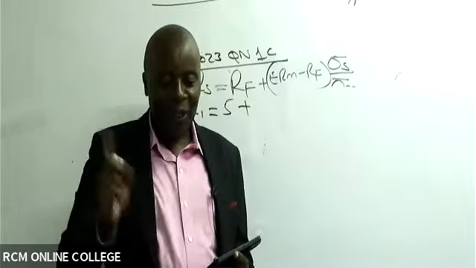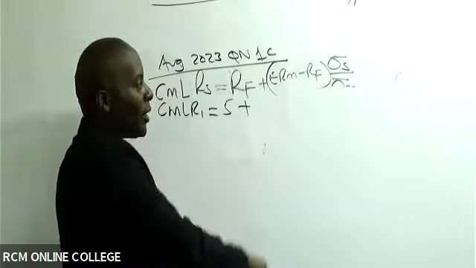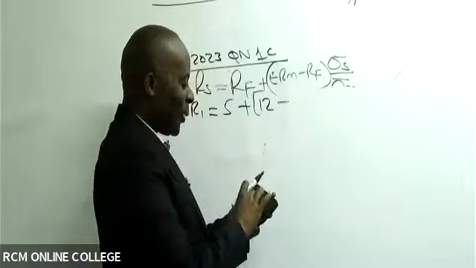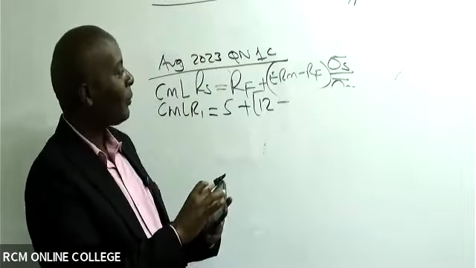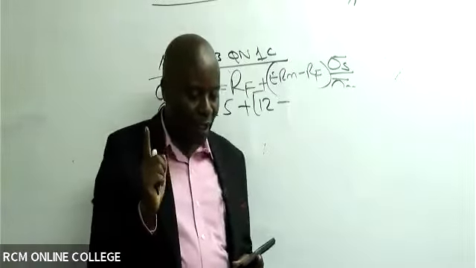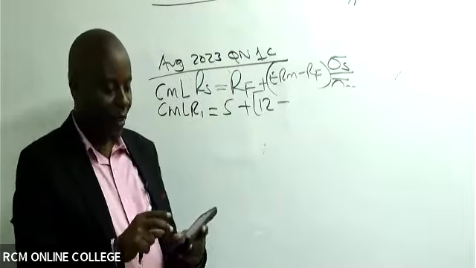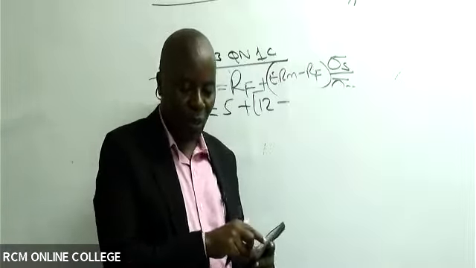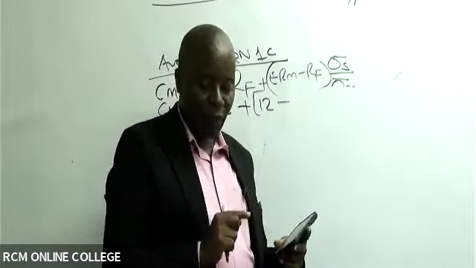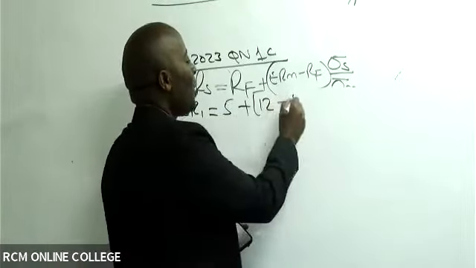ERM is the same for all the securities. So ERM is 12, isn't it? Minus risk-free, which is 5.